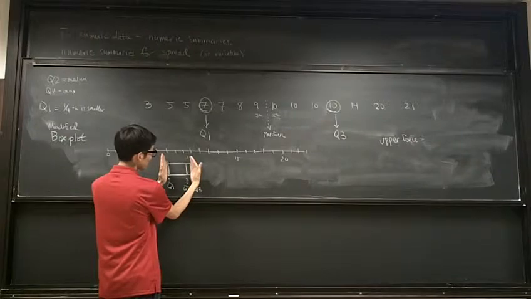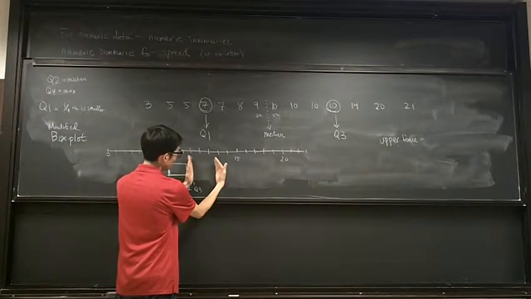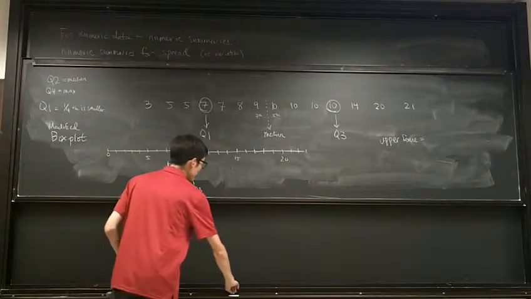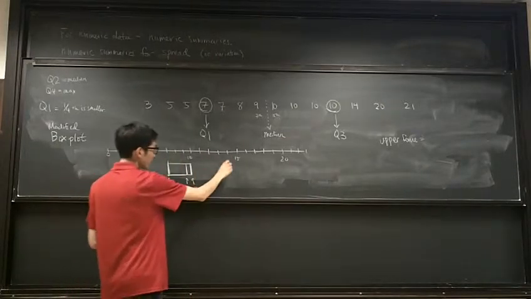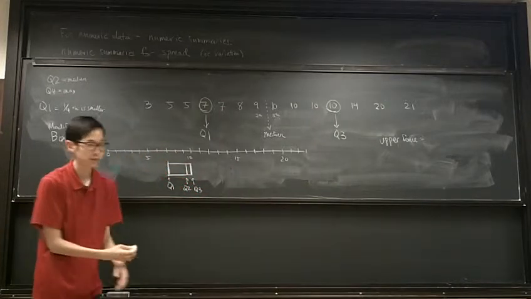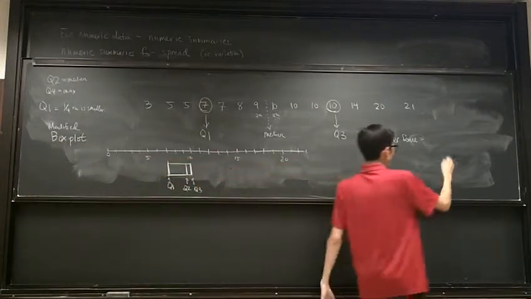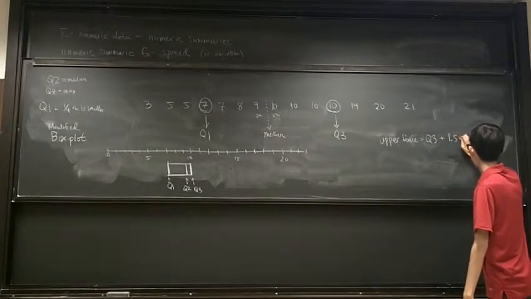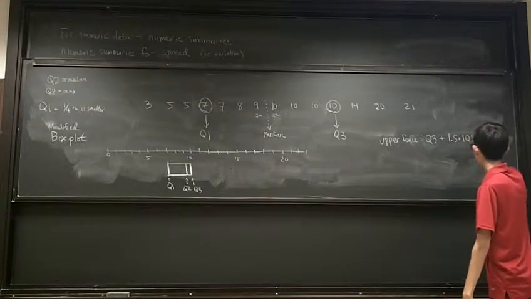So this is one width of the box, and then half of this, up to here. I take 1.5 of the width of the box, and I draw an imaginary line called the upper fence. The formula for where that goes is Q3 plus 1.5 times the IQR.